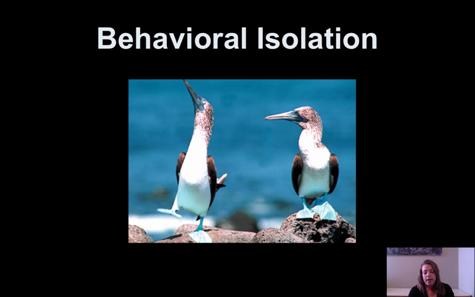My favorite one is behavioral isolation, and the birds do it better than any other group. This is isolation that's going to be dependent on performing some sort of mating ritual or courtship ritual. And so here you see the blue-footed boobies, and I would encourage you to Google the dance of the blue-footed boobies and understand that mates are looking for individuals that can perform this particular dance, this courtship ritual, appropriately.